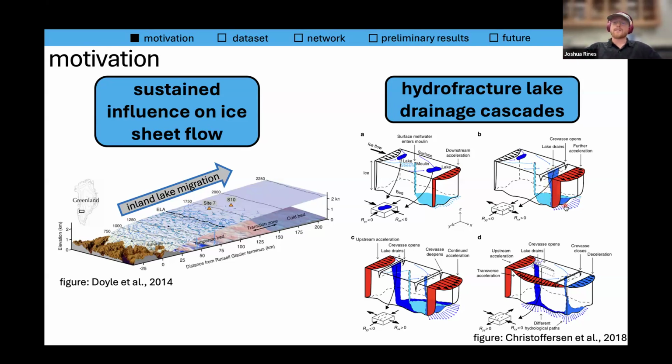More water is then deposited from the surface to the bed, further increasing the load that the membrane stress has to carry, potentially triggering another lake to drain, and so on, in this sort of domino effect. So it's important to try to understand where are these events happening and are they triggering each other?